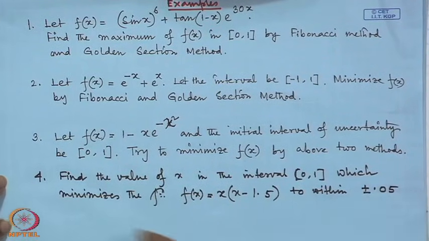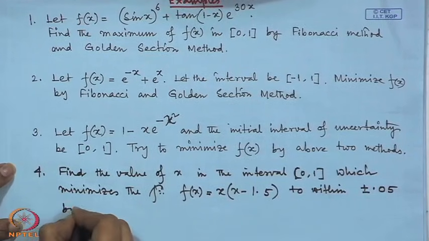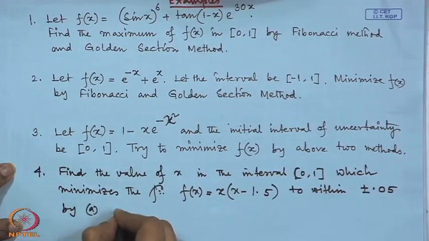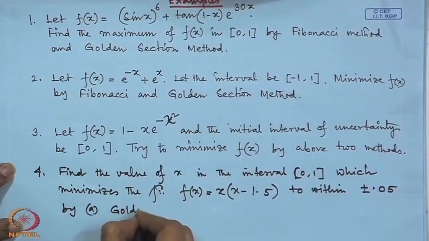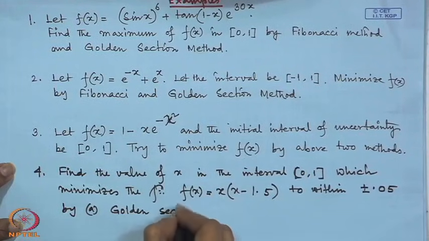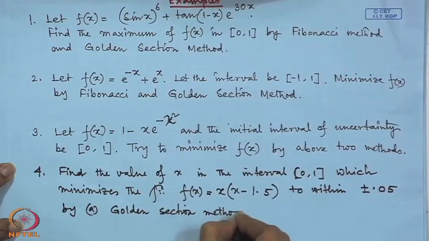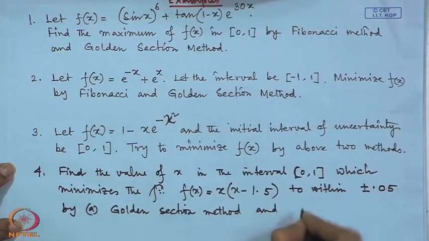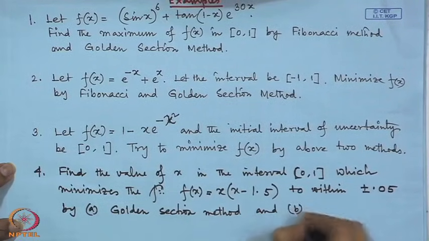That much error is allowed by the golden section method and by the Fibonacci method as well.